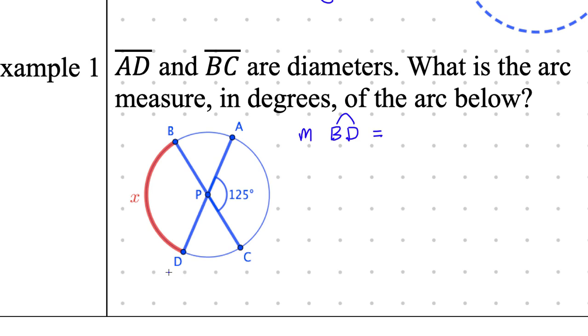That's, yeah, 180 degrees on a line. All right, so I need to figure out how to get this angle here. And then once I figure out this angle, then I'll know that this angle and this measure are the same. So step one, how do I get this angle right here, this BPD? Anyone have an idea? How can I get angle BPD?